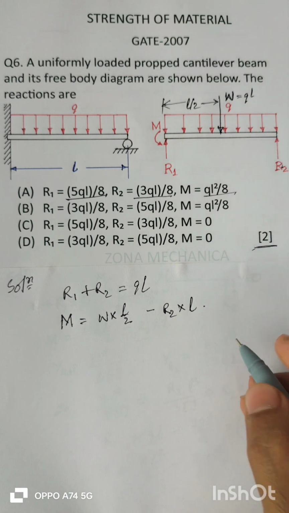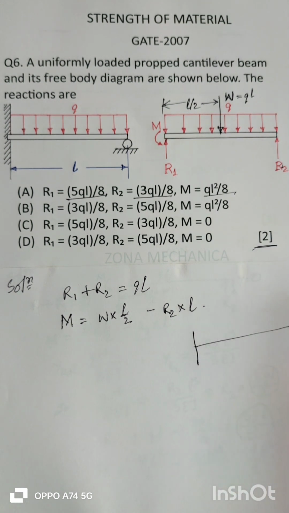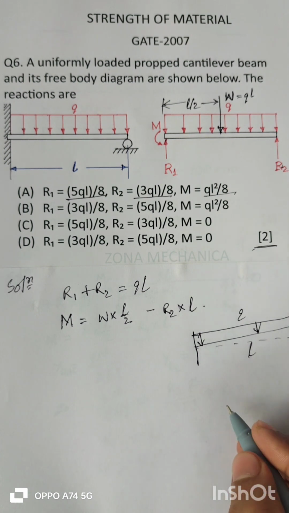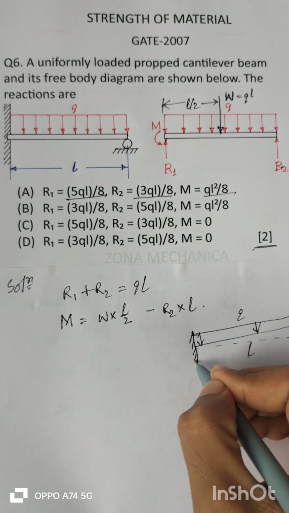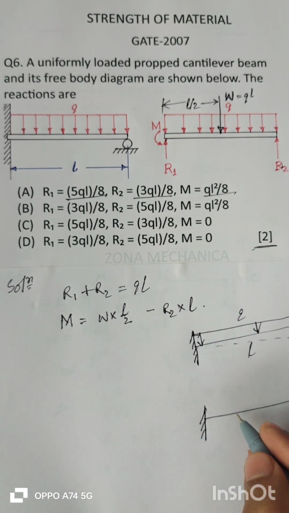So for a cantilever beam with UDL of intensity Q and length L, what is the deflection at the free end? And for a cantilever beam with a point load at the free end equal to R2, what is this deflection?